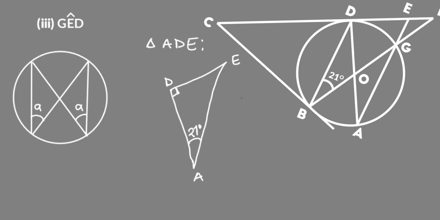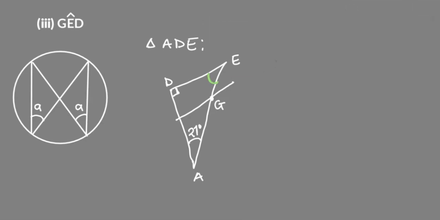Now, we've been asked to find the angle GED. So G is here. The angle here can be represented in two ways. And so we're supposed to note that the angle we've been told to find, which is GED, is equal to the angle being formed in this triangle, angle AED.